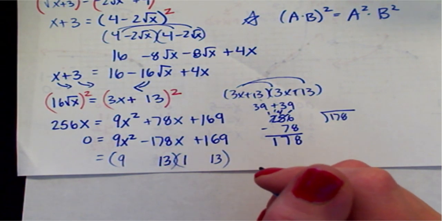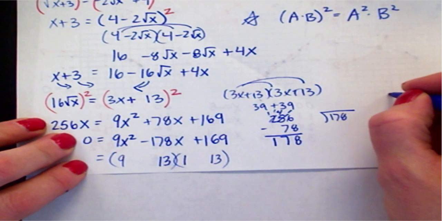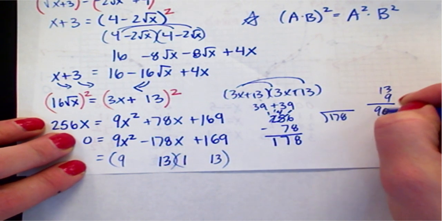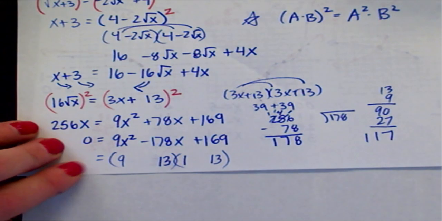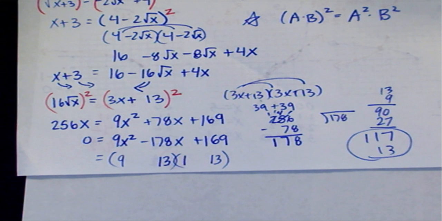Wait, what's 9 times 13? Wait, I know this. 117. Guys, you're missing the point. I don't know the factors, I'm just trying to figure them out.